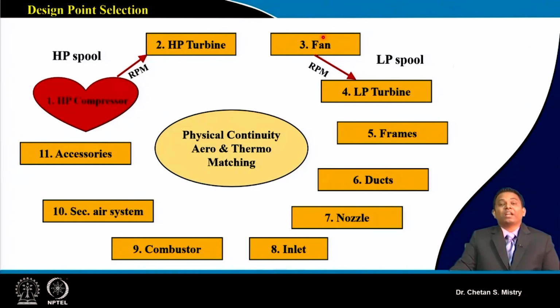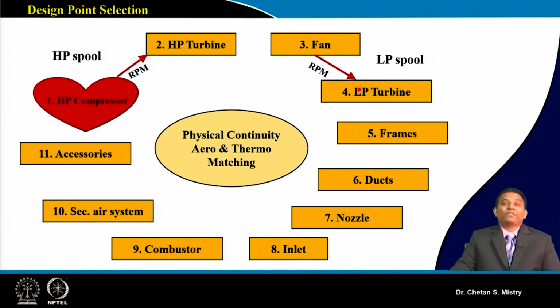Under that condition, my rotational speed comes as one of the constraints. Based on this recommended rotational speed by the fan, the LP turbine group will take it and decide the number of stages in order to achieve that particular speed.